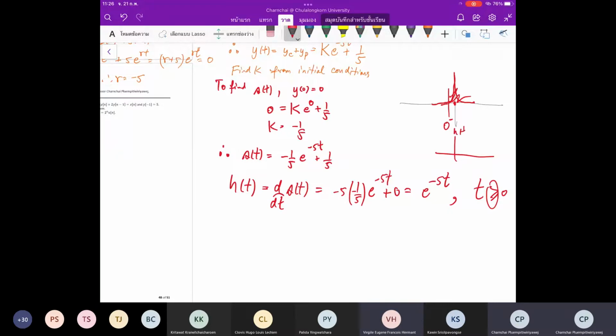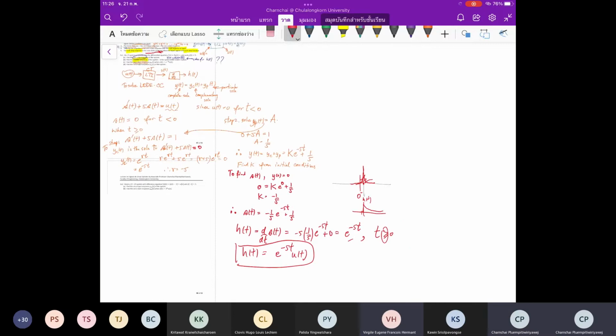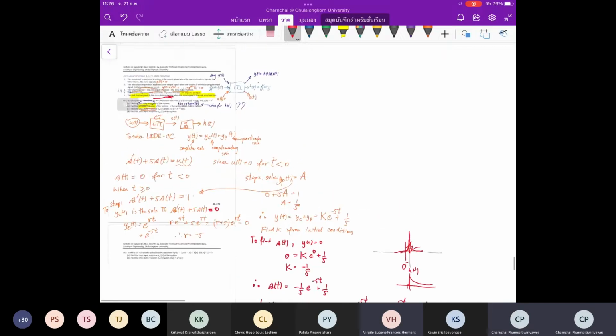There should be something that happens and then dies down, and it dies down as e to the negative 5t. In other words, h(t) is e to the negative 5t times u(t). This is our impulse response. This is how we find the impulse response of the system.